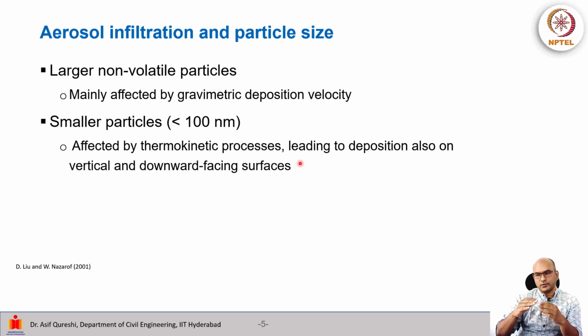That's why I was saying vertical surfaces means the side walls, and downward facing means the ceiling. The smaller particles can attach anywhere, and you can see this as well, because there are a lot of flat surfaces, vertical surfaces and ceilings, and in our homes we can easily see small dust particles on these vertical surfaces. These are not going there by gravimetry, but most likely by thermokinetic or electrical processes.